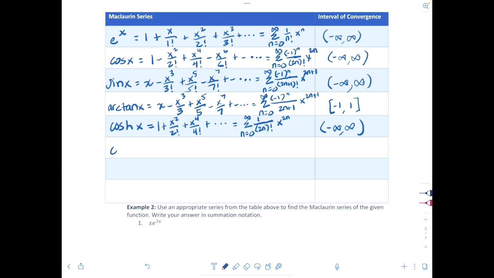The hyperbolic sine function, sinh x, is going to be just like that sine of x power series, but no negative signs.